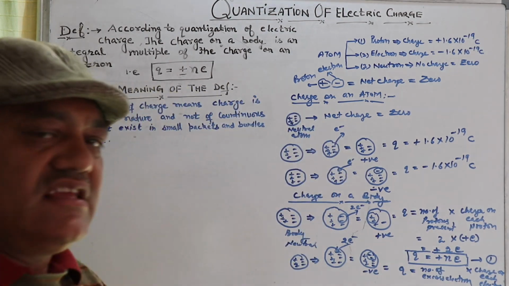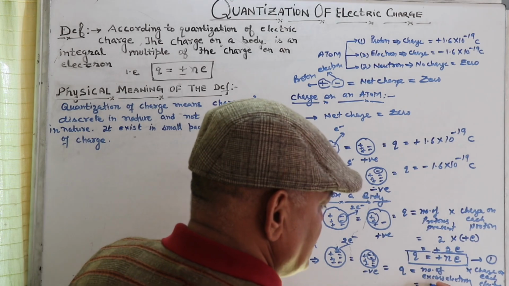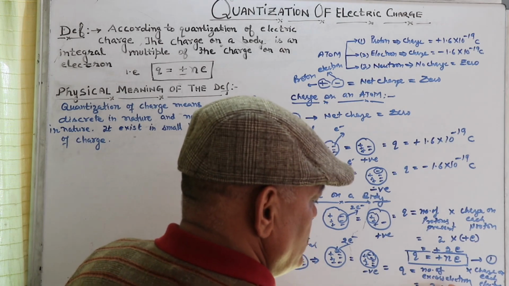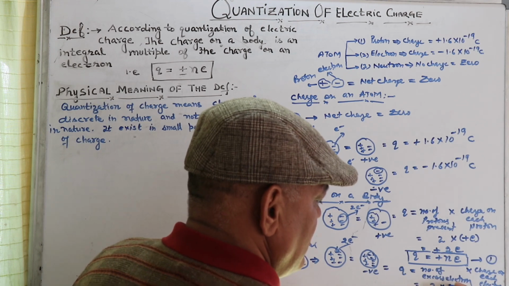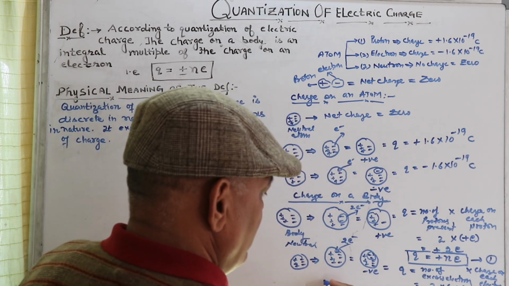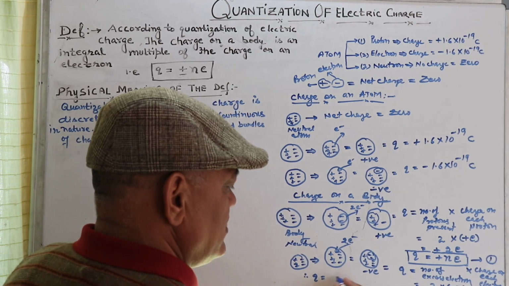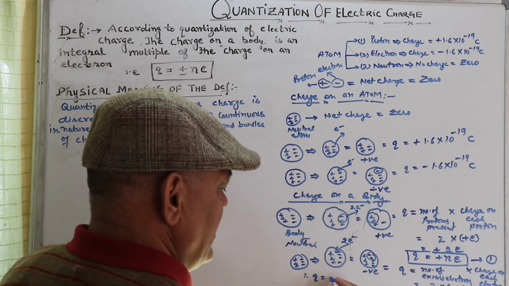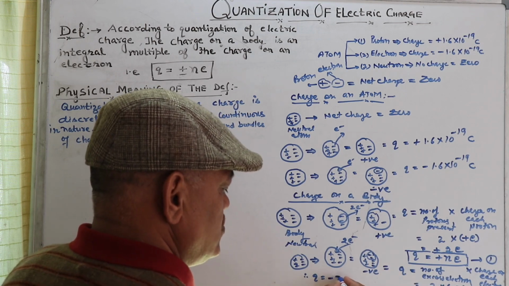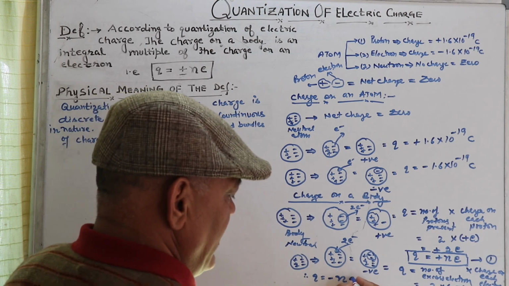The number of excess electrons is 2, and the charge on each electron is minus e. Therefore Q is equal to minus 2e, and the number 2 is simply denoted by n, so Q is equal to minus ne.